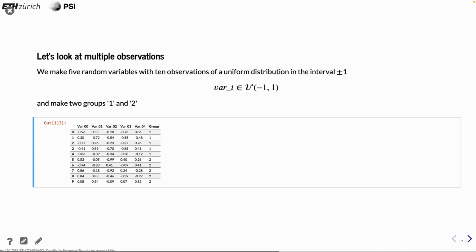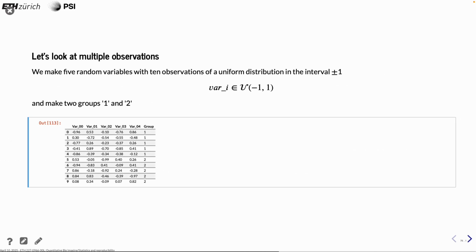The way of doing it, first let's just look at a test where we have multiple observations. We have several variables, and we have 2 groups, all distributed with a uniform distribution between -1 and 1, and we assign groups to it. So we just have a lot of random numbers.